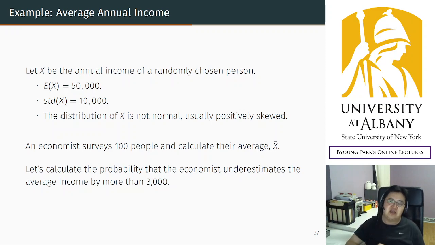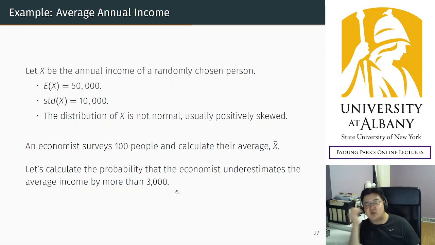There are Bill Gates, Jeff Bezos, Elon Musk, Warren Buffett, who are extremely rich. So the distribution cannot be normal. It's usually positively skewed, with a longer tail on the positive side. And in this case, if an economist surveys 100 people and calculates their average, what is the probability that the economist underestimates the average income by more than $3,000?